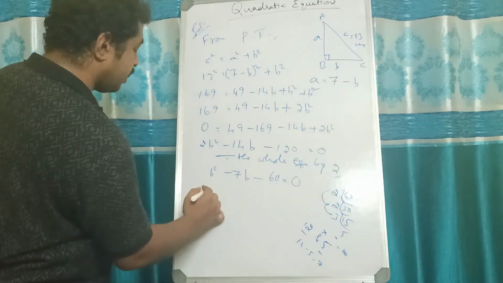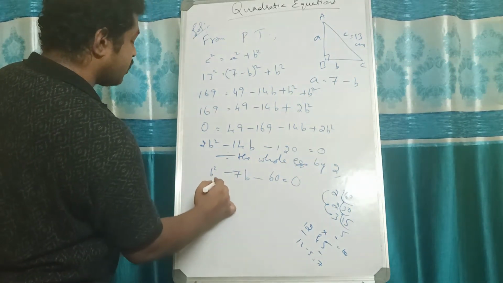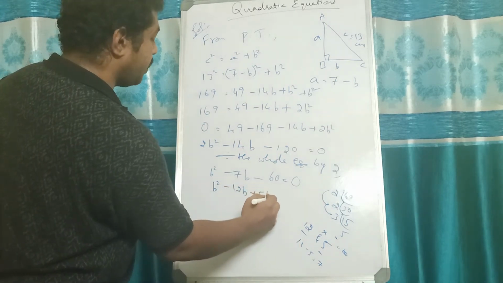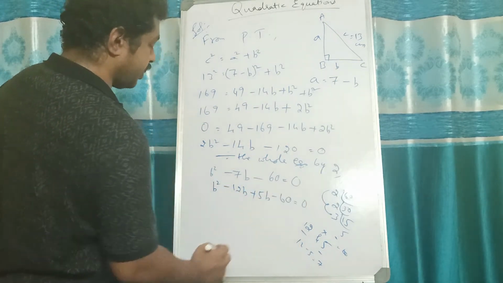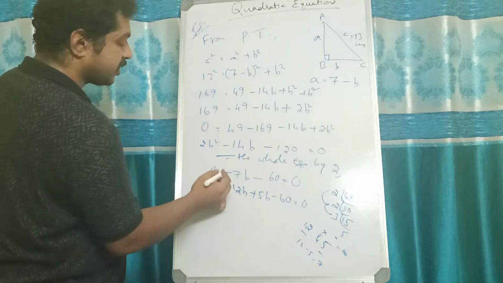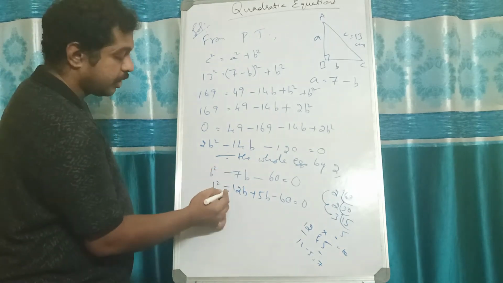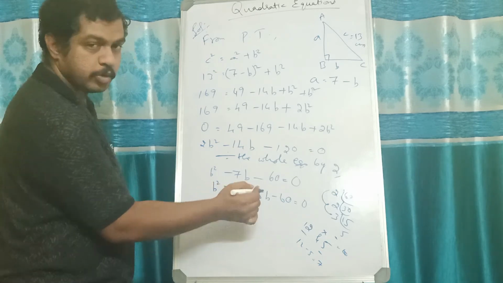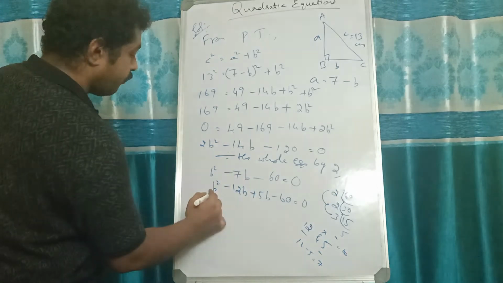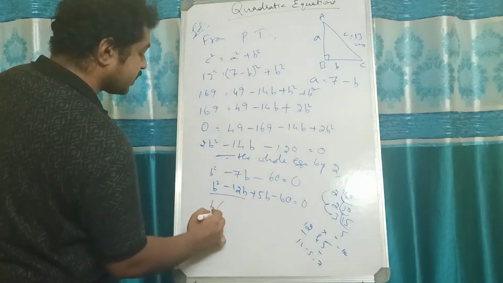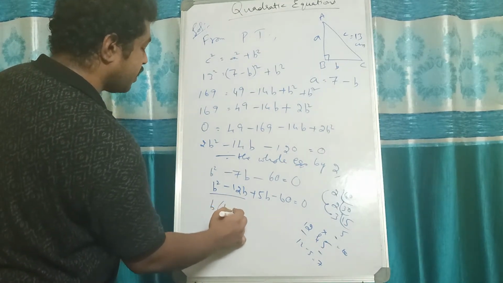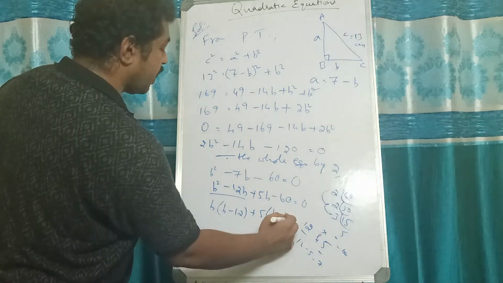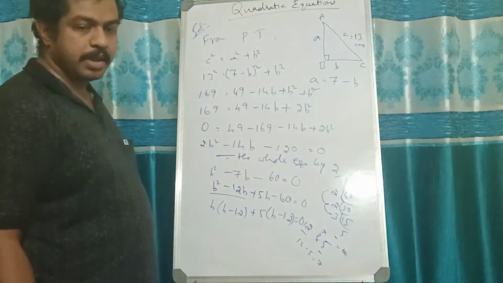So by solving this equation, what we get is b square minus 12b plus 5b minus 60 equal to 0. Why? Because we have a negative sign in the middle term, so the greater number should have the negative sign and the lesser number the positive sign. When we take the common factors in the next step, we get b times b minus 12 plus 5 times b minus 12 equal to 0.